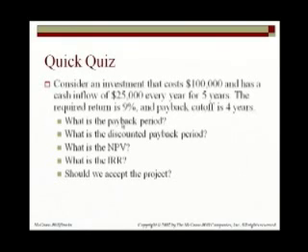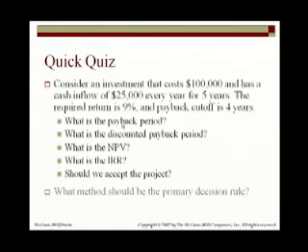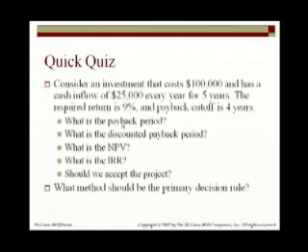And the answer is, we should accept the project if the net present value is positive. And so what method should be the primary decision rule? The net present value rule is the one rule we talked about that does not have serious problems associated with it. You can use it in a wide variety of scenarios.